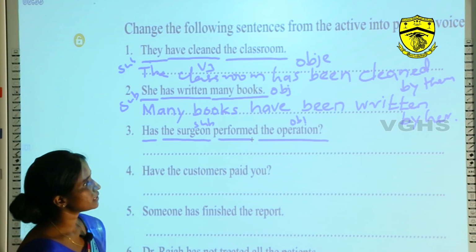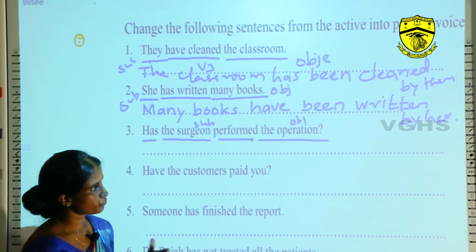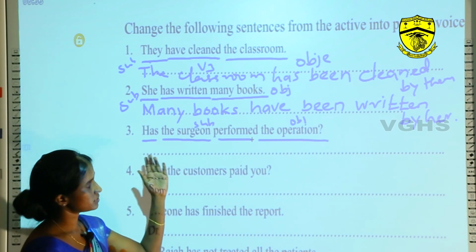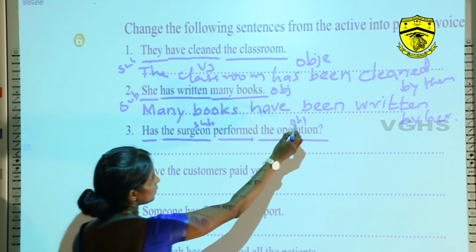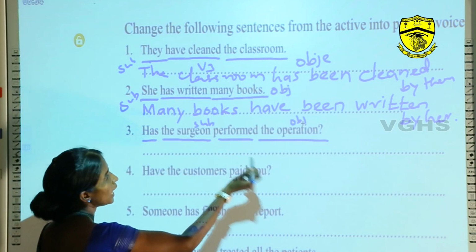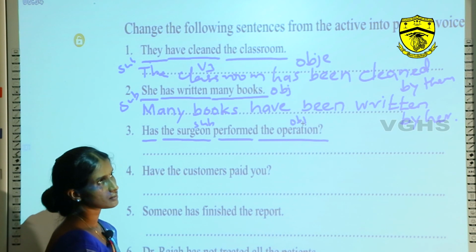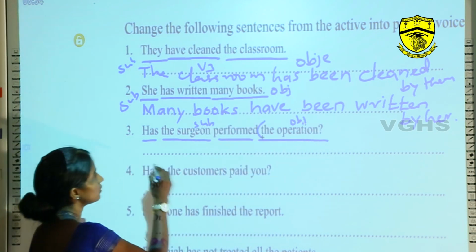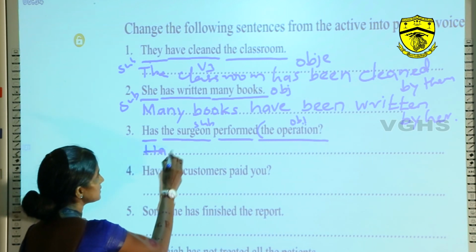So when we are converting a question into passive voice, the question word comes first. The operation is the object, and this becomes the subject. So the operation, has or have? Has. This is a singular subject, so we put has first.